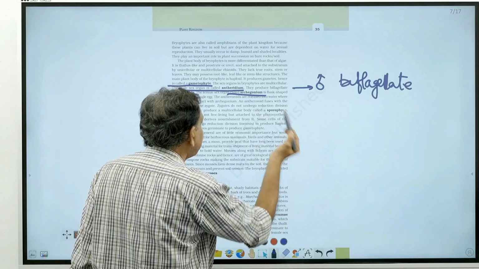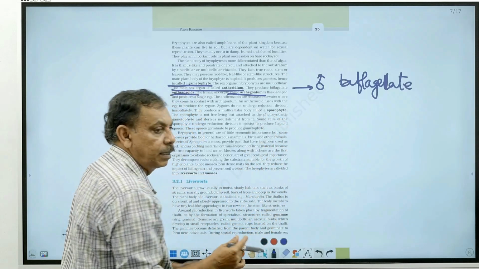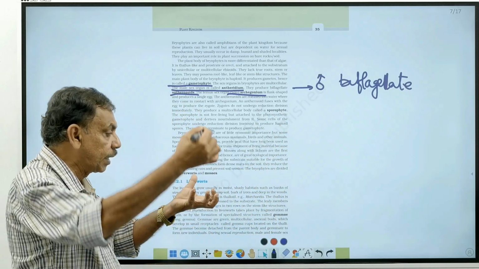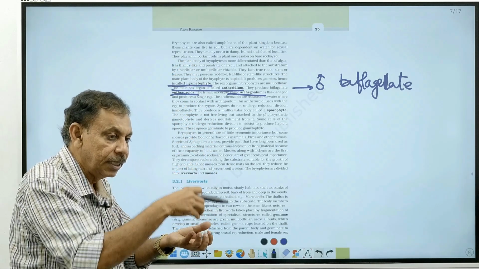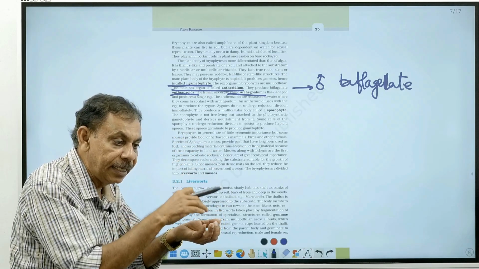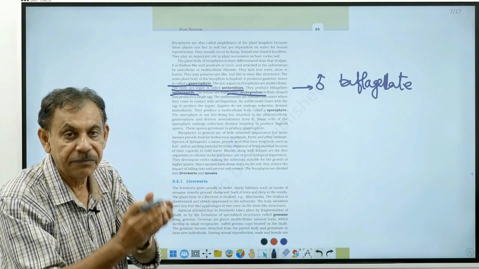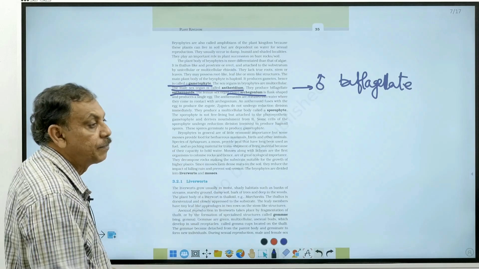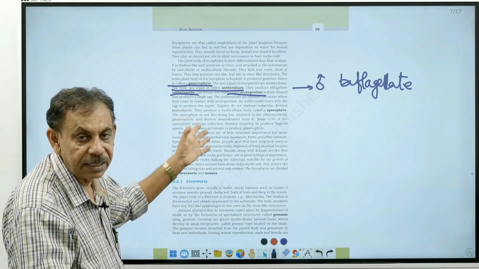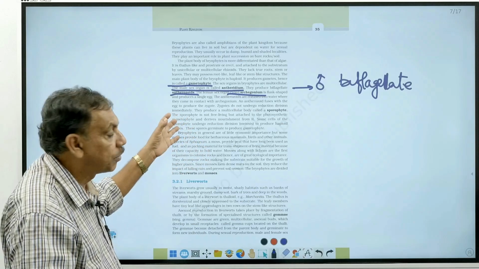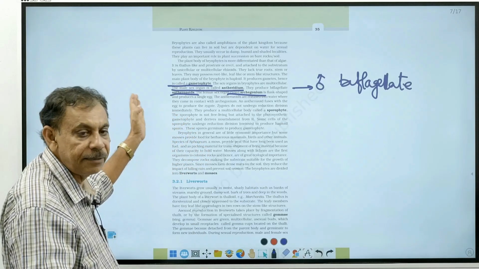Archegonium is flask shaped and bears the egg. Antherozoids swim in the presence of water, reach inside the archegonium, meet the egg and fuse. Fertilization takes place. Without water, antherozoids cannot reach. This is the reason we said amphibians. Without water, they cannot complete their life cycle.